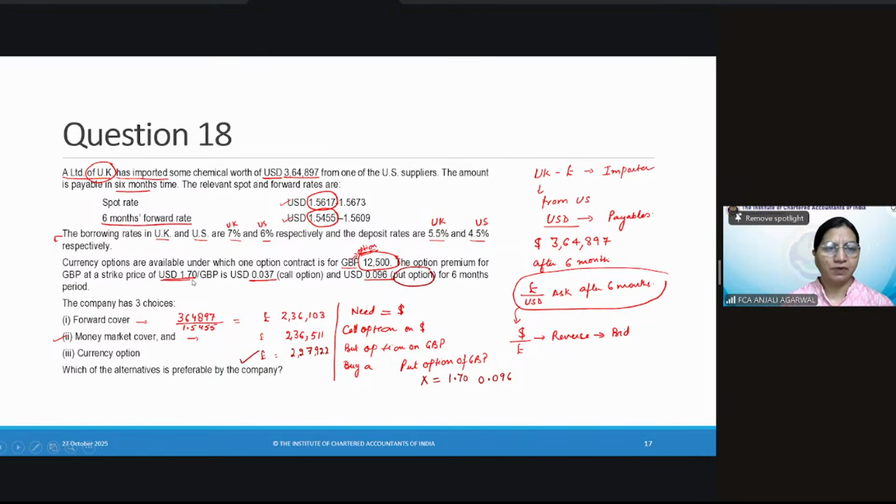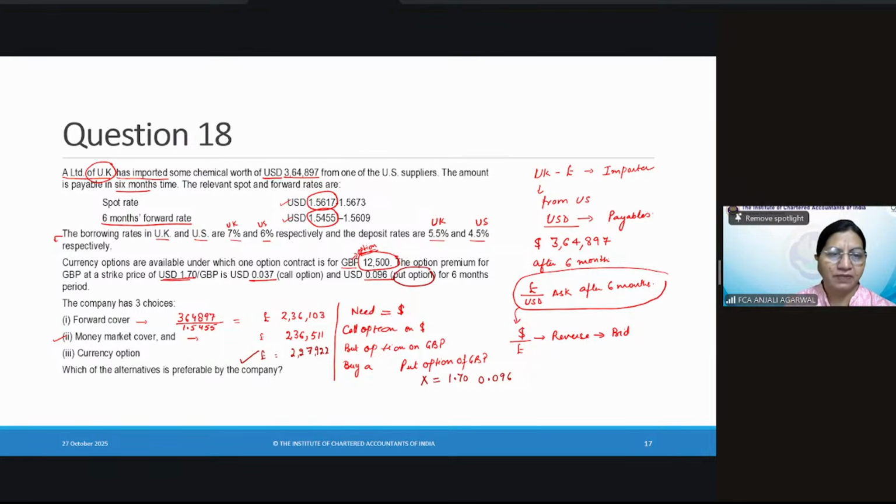See, you are selling your pounds not at 1.56 but at 1.70. So 1.70 is a very high figure in comparison to 1.56. Forwards are available at 1.54 and currency is available at 1.70. So if this is available at 1.70, there is nothing like it.